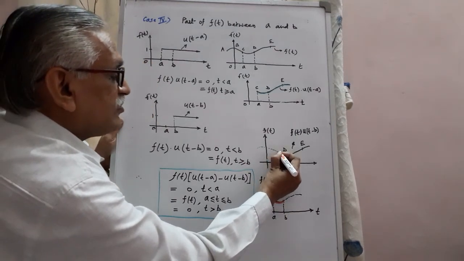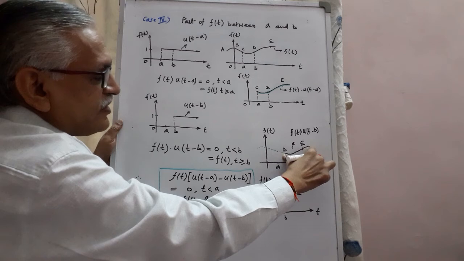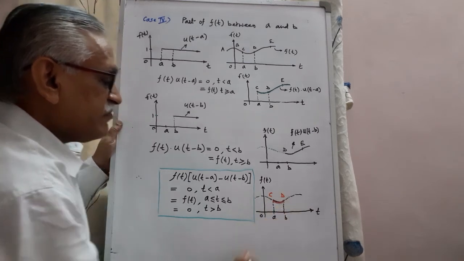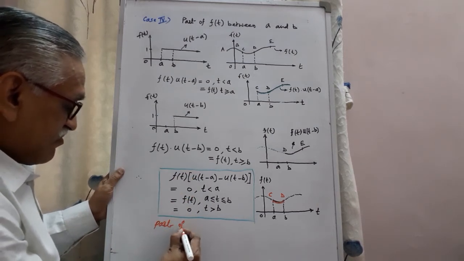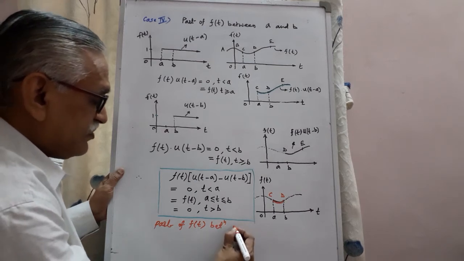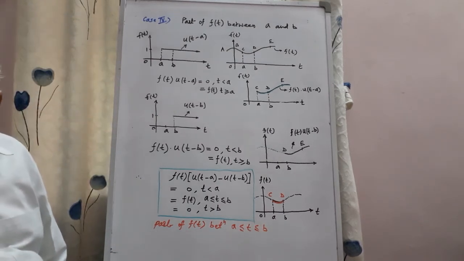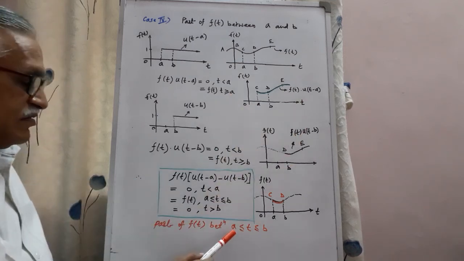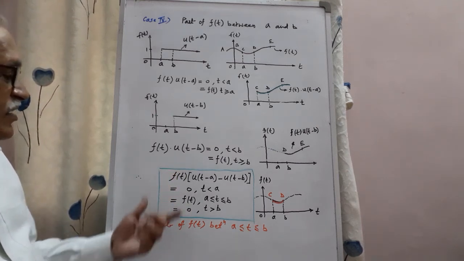Okay, therefore from this larger part between c to e, if I subtract this portion between d to e, we get the portion between c to d, and therefore this represents the part of function f of t between points A to B. Therefore, whenever we require to find a portion of the figure between point A to point B, then we take the help of this concept or this representation.